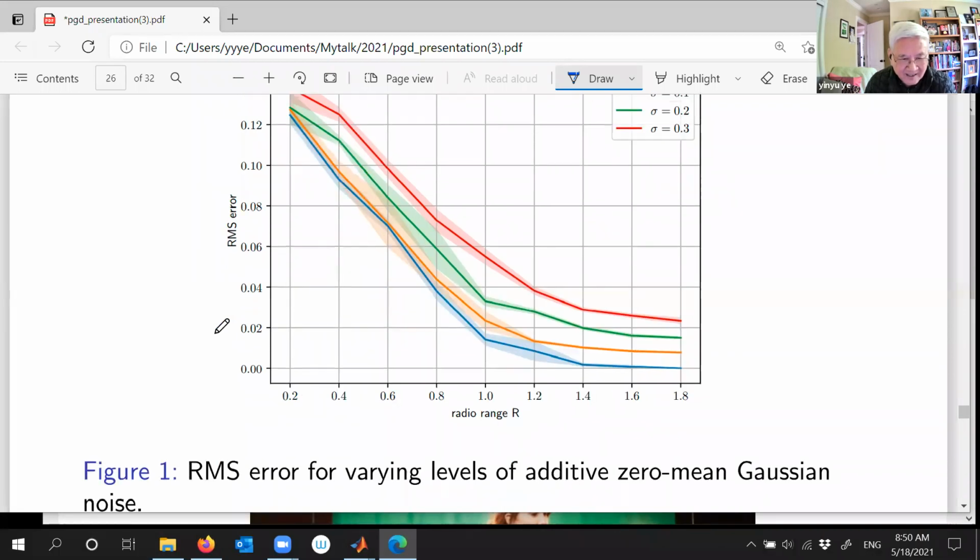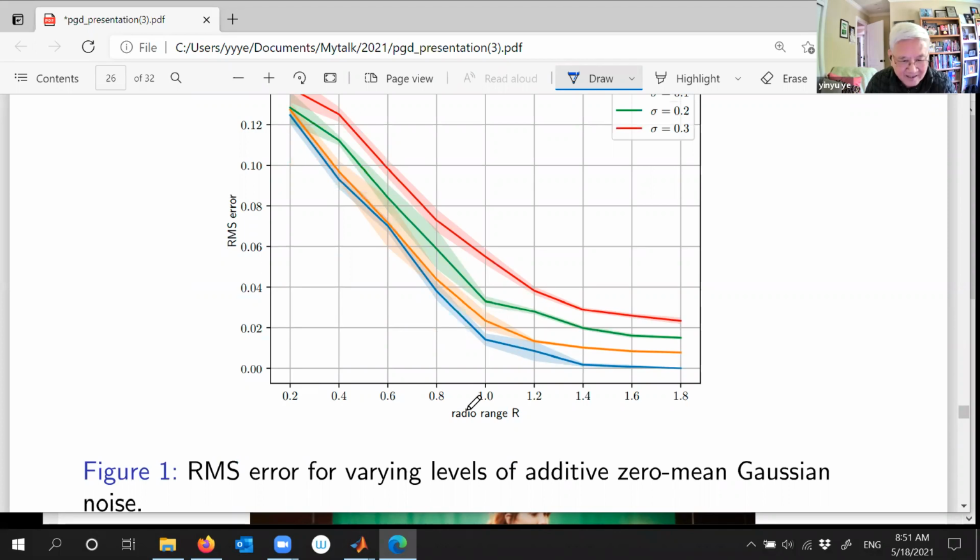As you can see, this is plotted against the radial range. So what is the radial range? The radial range assumes that when two points have a distance below this range, we can measure the distance. Then we add some noise.